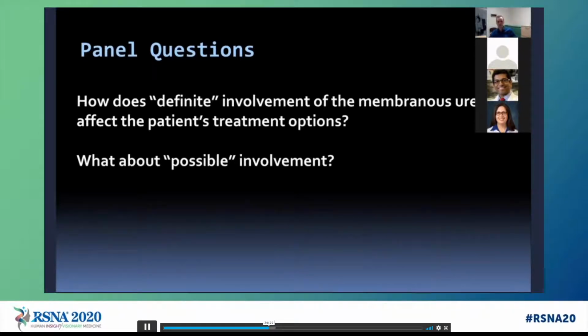And then as Dr. George was pointing out, the distal disease isn't so much of a challenge for external beam radiation in general. It's just you have to be very mindful of your contouring and your treatment volumes to make sure that you're properly defining the disease at the apex.